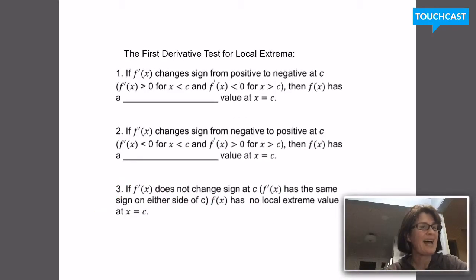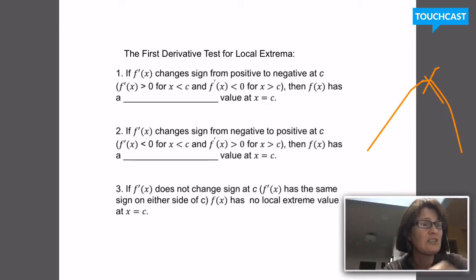So we formalize that idea with what we call the first derivative test for local extrema. If a function f has a derivative f prime, and f prime changes from positive to negative at a certain value, it's got to be a critical point. If f prime changes from positive to negative, what does that mean? That means f prime was positive and changed to negative. That means f was increasing, and then f changes to decreasing.